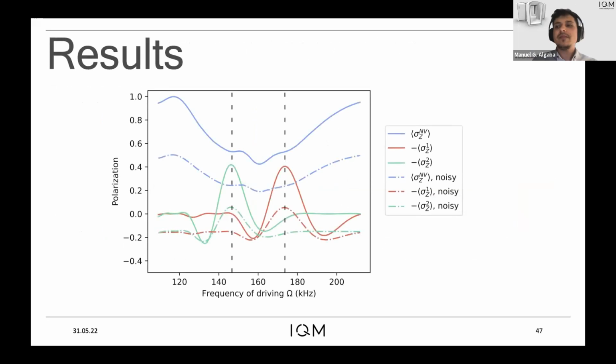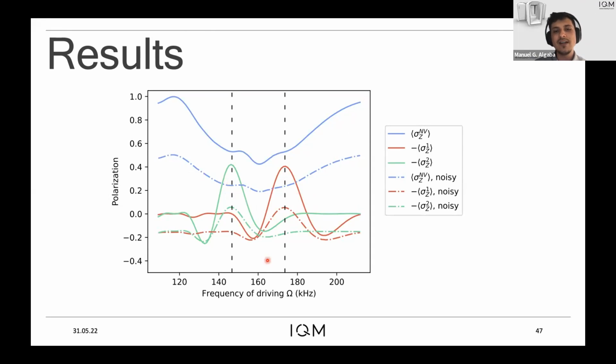So what are the results? These solid lines are the results you would obtain ideally if you had no noise, but the problem is that you have noise in your quantum computers. So the dotted lines are when you include noise.